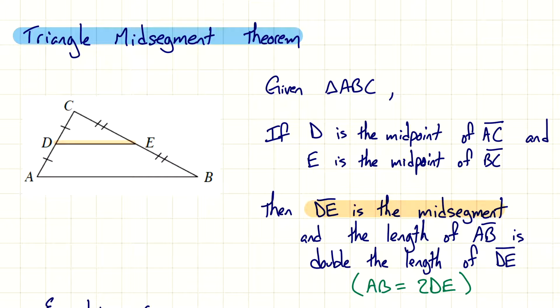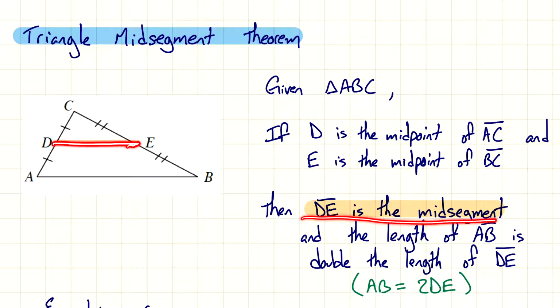In this case, if we are given a triangle ABC, and D in this diagram happens to be the midpoint of AC, which means D is right in the middle, and E is the midpoint of BC, so E is in the middle of BC, then if we connect those two dots, we can name this segment DE, the midsegment of this triangle.